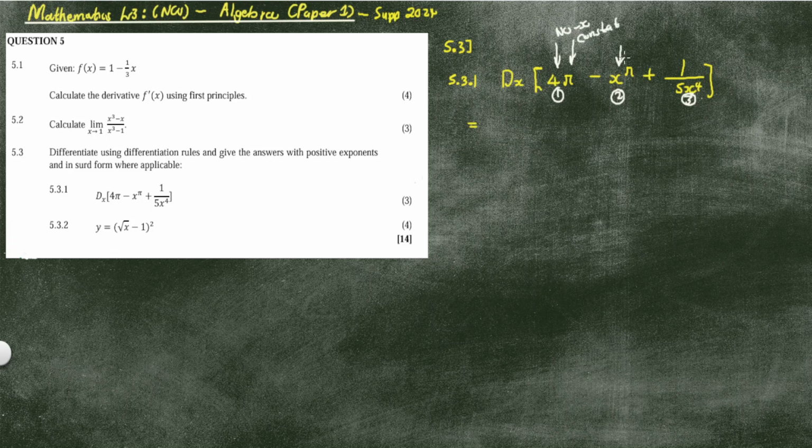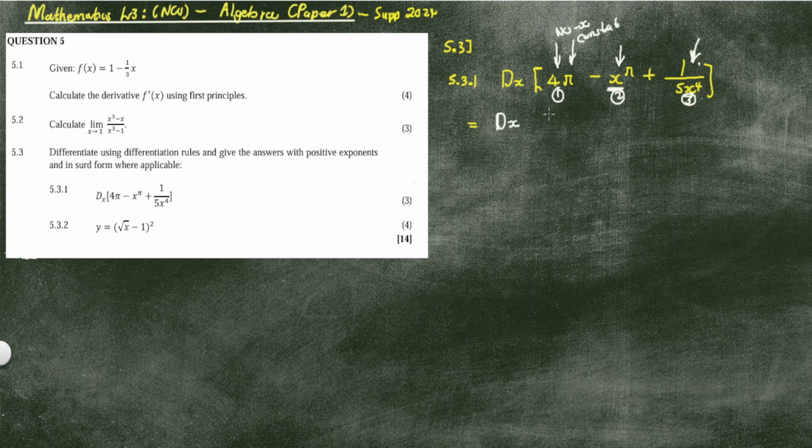This can be differentiated because we have an x with respect to x, and this can also be differentiated. However, I cannot differentiate this term at this state. Why? Because the x is a denominator. I cannot differentiate while x is a denominator.